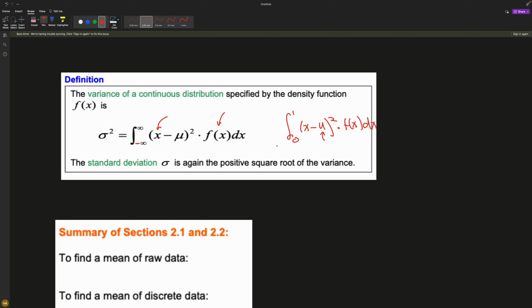Then you integrate and get your answer. Why do I leave x as is? Because this is from 0 to 1. After you integrate, you'll be plugging in x from 0 to 1, and that will give you your variance.